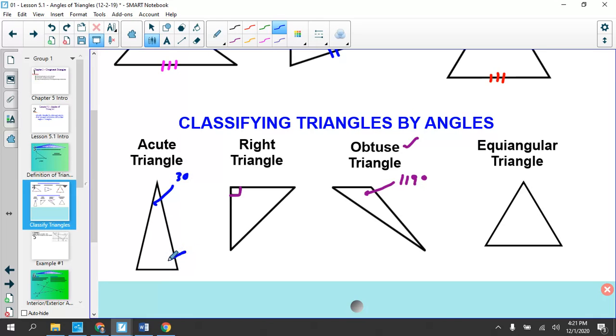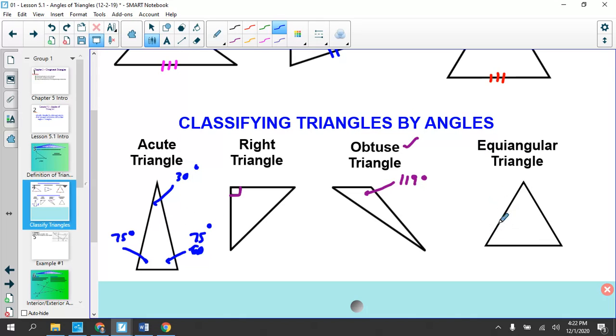So let's make it bigger than that. 75, and what do we got? Another 75. Okay, so 75, 75, and 30. Acute, acute, acute, sure. They're all acute angles. They're all less than 90, so definitely an acute triangle.